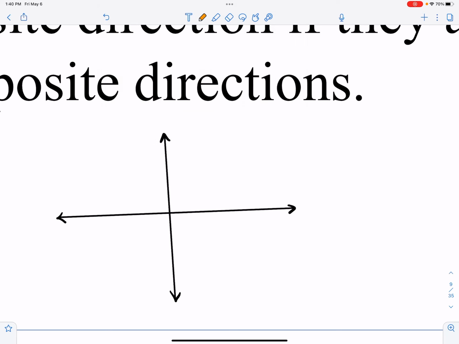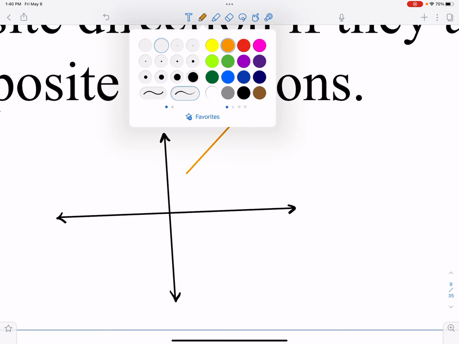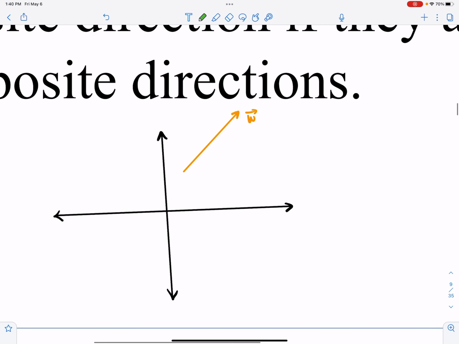Let's say we have one vector, how about I'll call this vector w, and another vector which should look parallel, is maybe shorter. I'll call this one vector z.